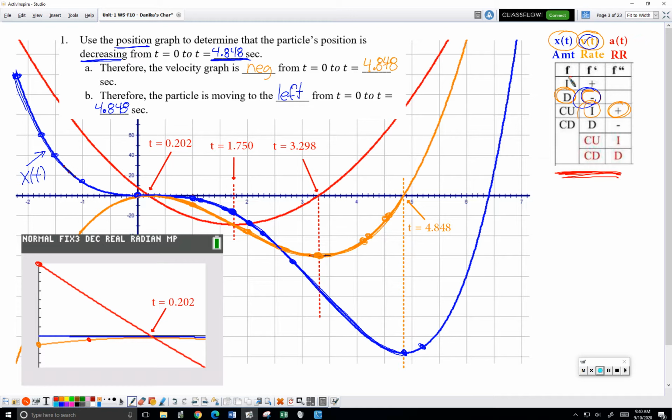The x coordinate is involved, but it seems to help students more to just focus on the y values. If the y values are going up, we say the graph is increasing. If the y values are positive, the y values, not the x values. So the chart's all about the y values. Question. Keep going. Next one.